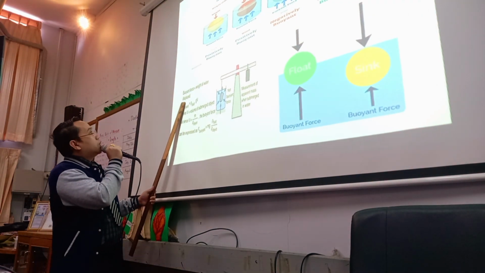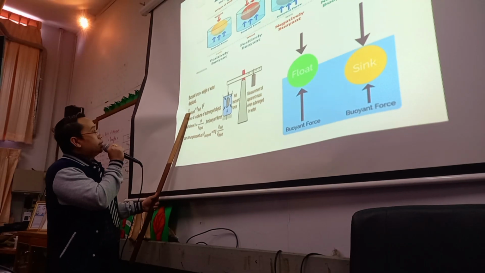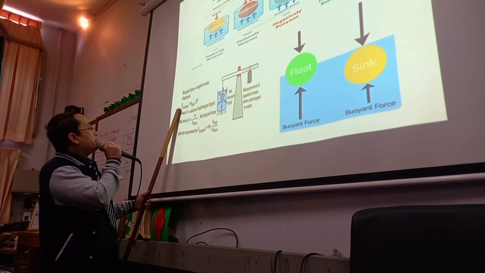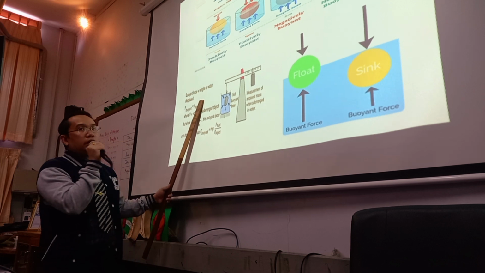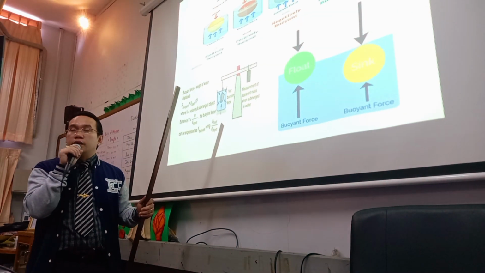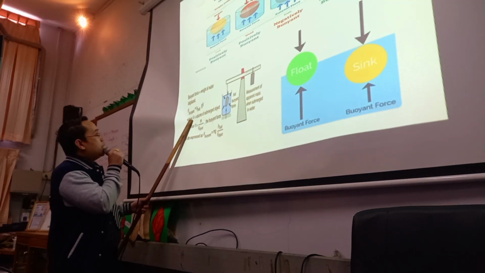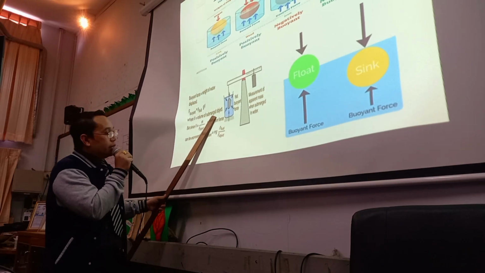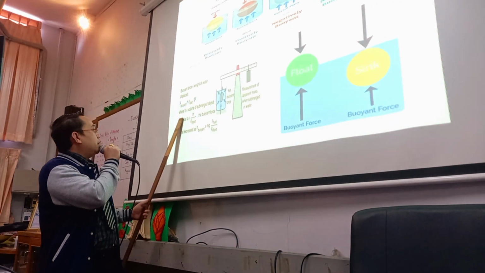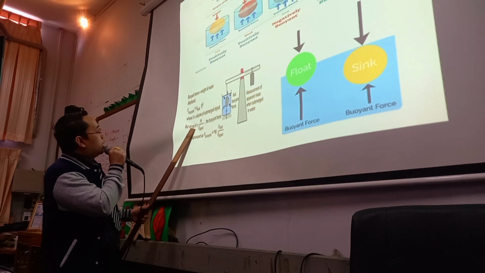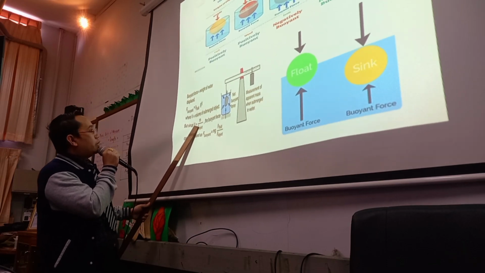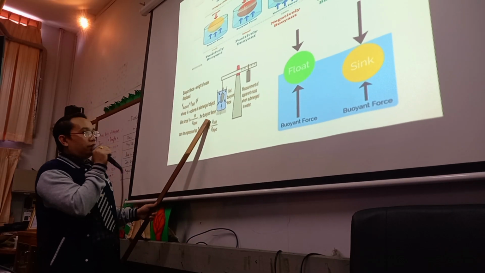Alright? So, what is the formula? Buoyant force is equal to fluid density times gravity times the volume of water, where V is the volume of the submerged object. Then this V is equal to the mass of an object with the fluid density, and that's what we call the buoyant force.